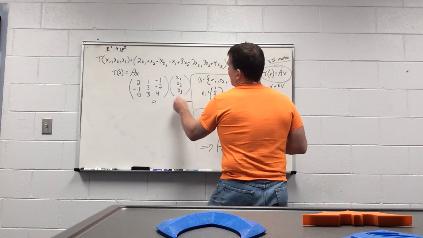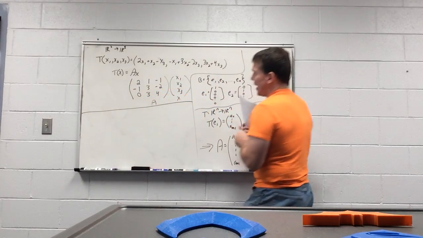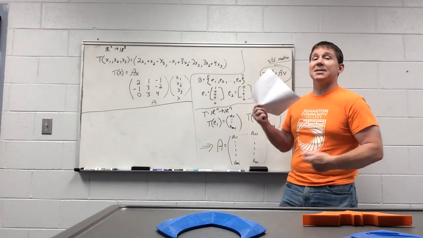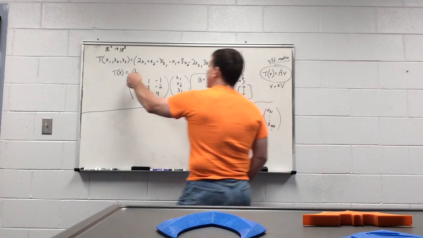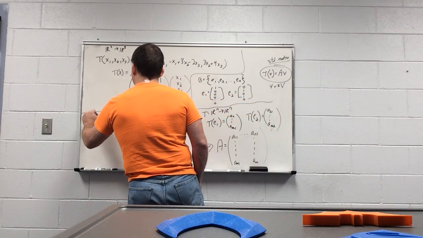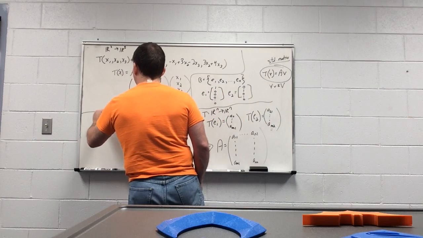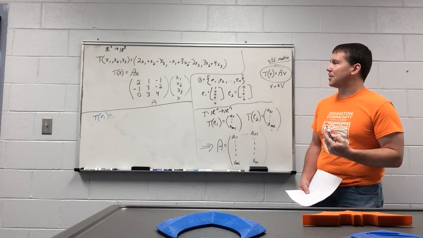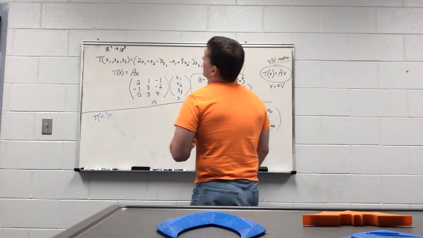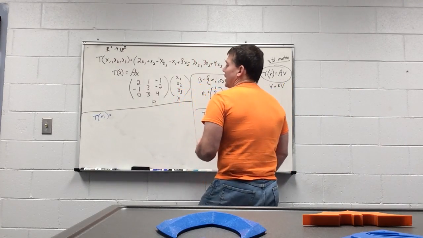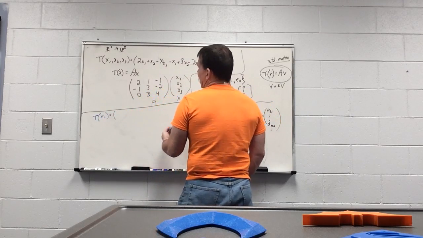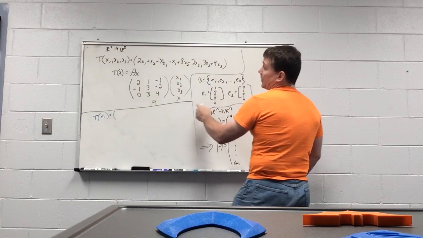We're running out of room, but since we have that right there, for this T right here, I need to find T of E sub 1, and then E sub 2 and E sub 3, because this is in R3. So T of E sub 1, E sub 1 again is just 1, 0, 0.